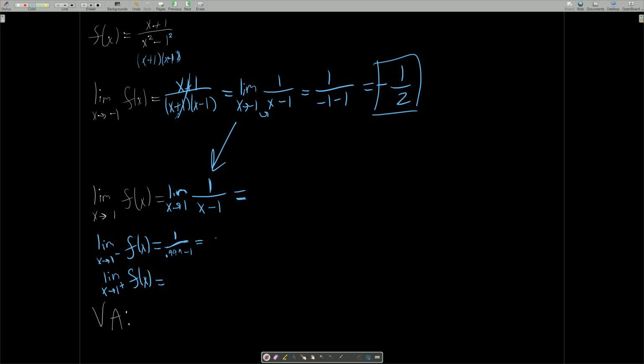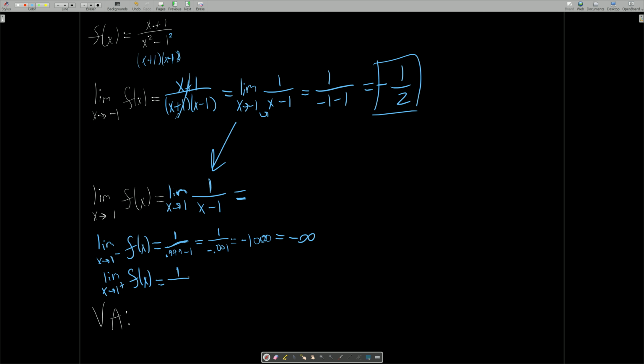And what you get is 1 over negative 0.001. This number is just going to keep getting smaller and smaller, so the result is going to keep getting bigger and bigger. Right now it's negative 1,000, it can be negative 10,000, negative 100,000. It's going to keep going until it reaches negative infinity.